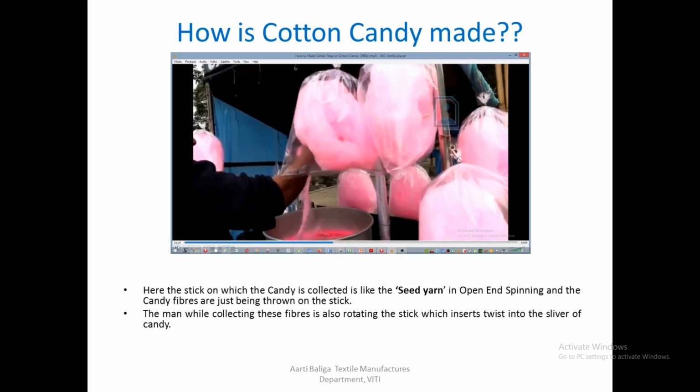If you observe, he is rotating the stick and taking on those fibers. These fibers are being thrown onto the rotating stick, and because of the rotation, some amount of twist is inserted into the fibers being collected. You can see the sugar fibers being collected in the form of a sort of sliver, as we know it.